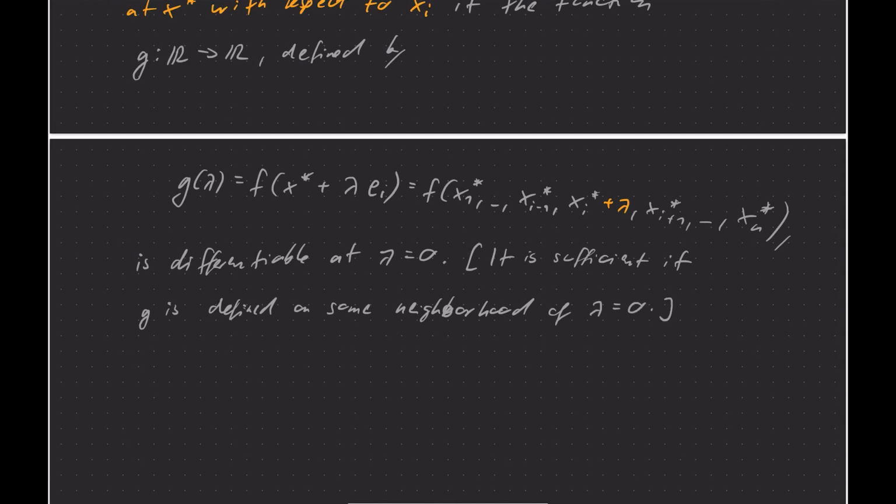And that should always be the case because we explicitly wanted x star to be an interior point. So there is some neighborhood around x star in all directions that is still included in the set x.